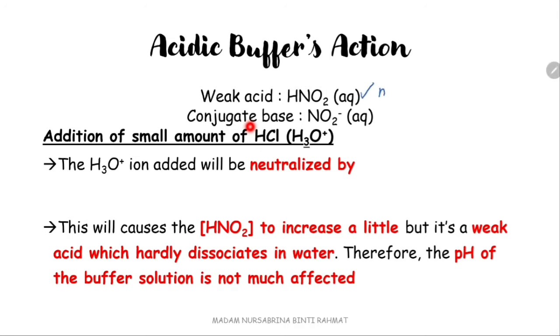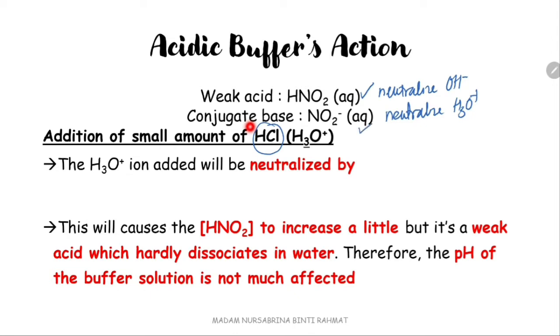The weak acid will neutralize OH-, because it is a base, whereas our conjugate base NO2- will neutralize any H3O+ present. The addition of strong acid, HCl, means it will bring H3O+, and as we said before, this H3O+ will be neutralized by NO2-.